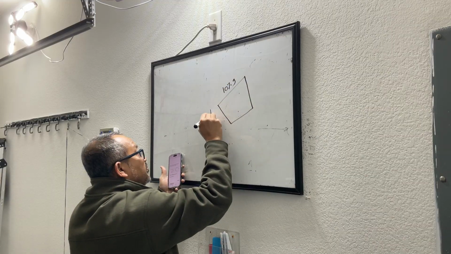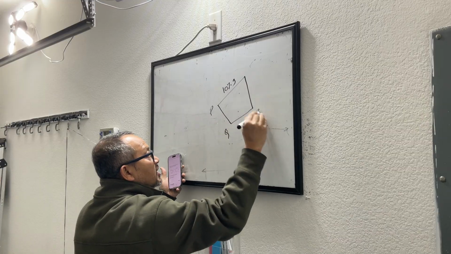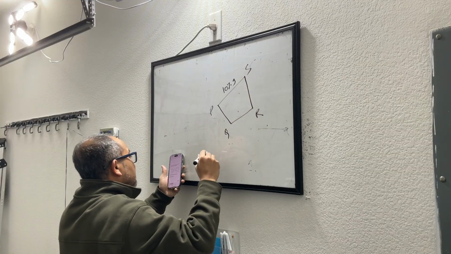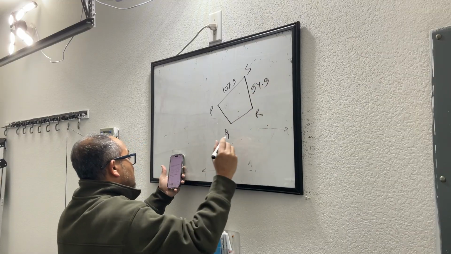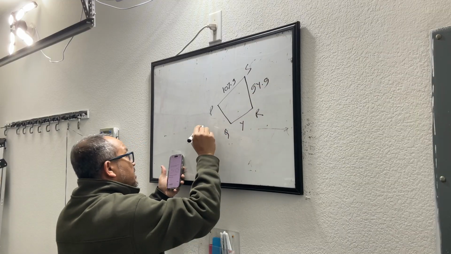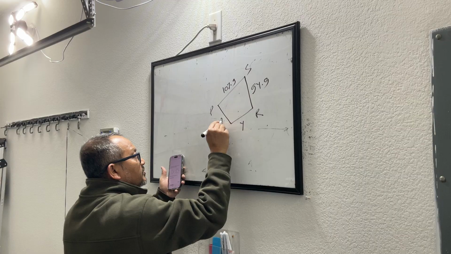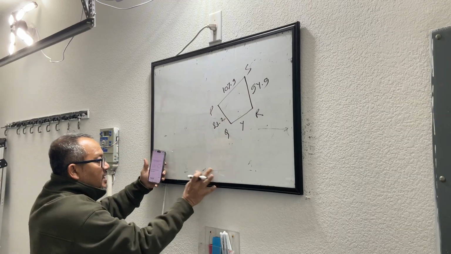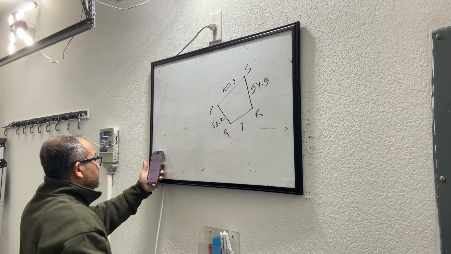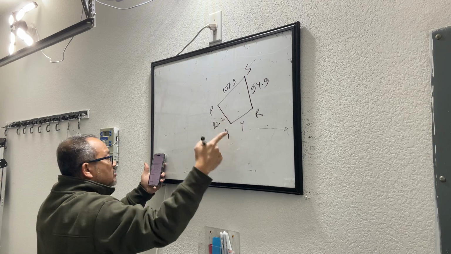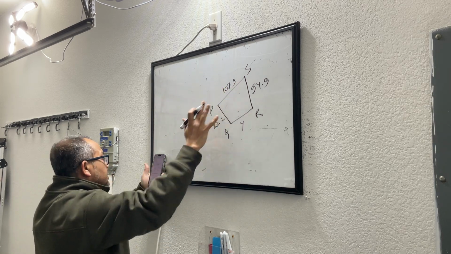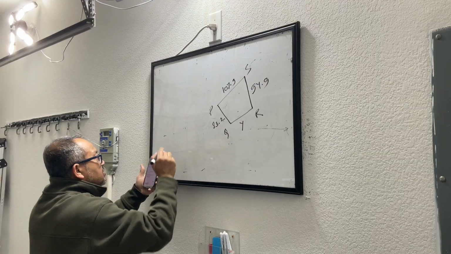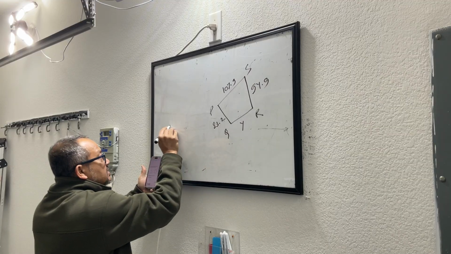This is PQRS. 107.9, 94.9, y, 83.2. Okay? And then this is PQRS. So Jordan dilated quadrilateral ABCD to get to PQRS. So let's draw ABCD.